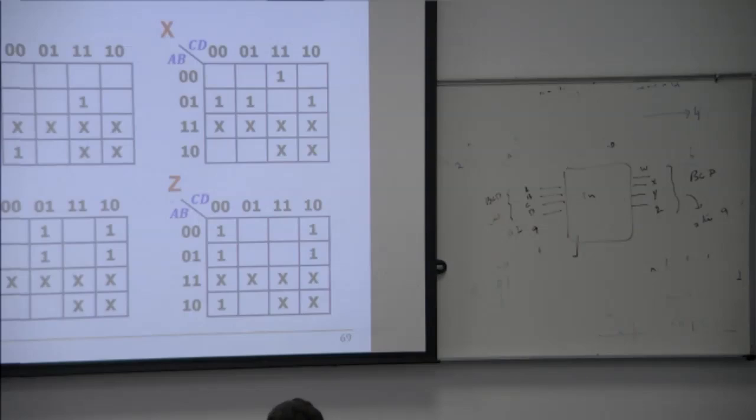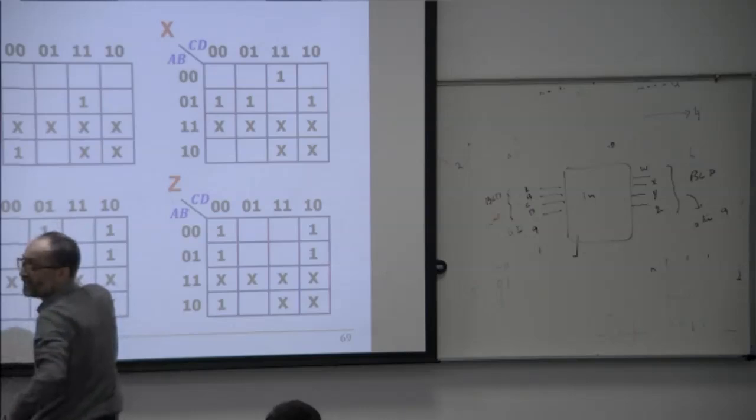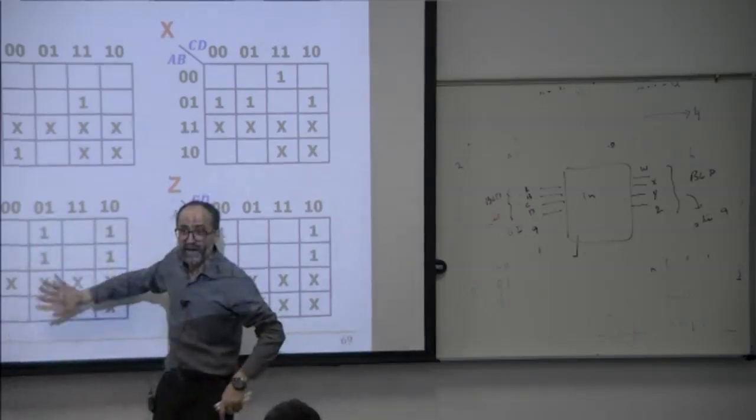Why do we have 6 invalid combinations? If it's over 9, that is 10, 11, 12, 13, 14, 15. How many combinations? 6. So that's the reason. How many don't cares are here? 6. Got it? Any question?